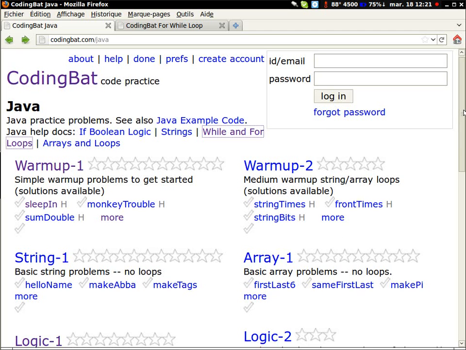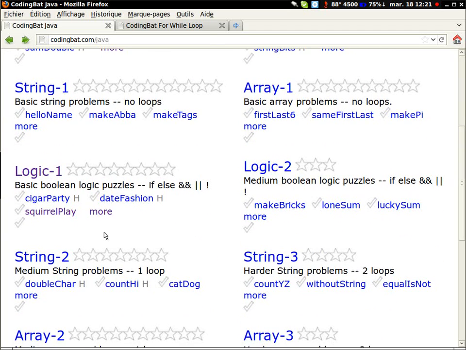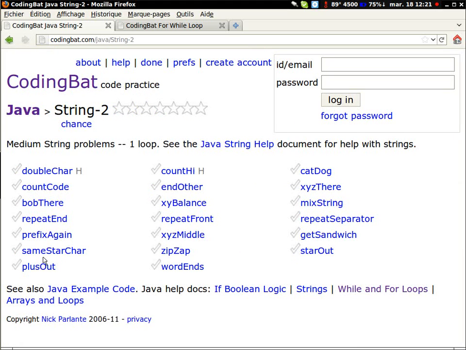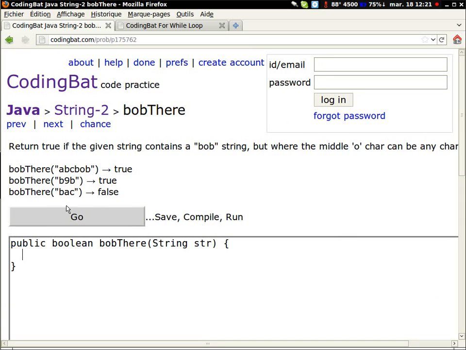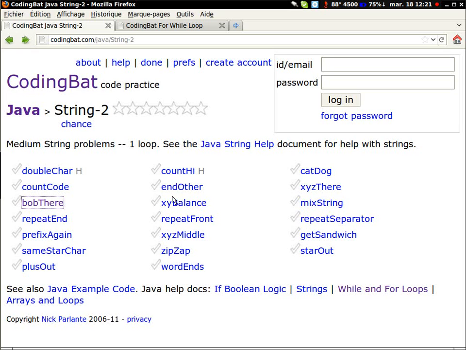Basic string problems, no loops. We don't want those. We want here medium string problems, 1 loop. For example, all right. So anytime that you have a free moment, go to Coding BAT and try one of these things out. I can't overemphasize how useful a practice this site is.